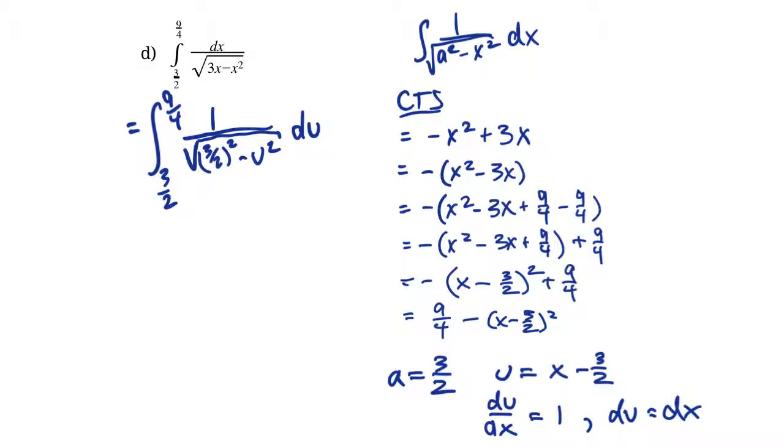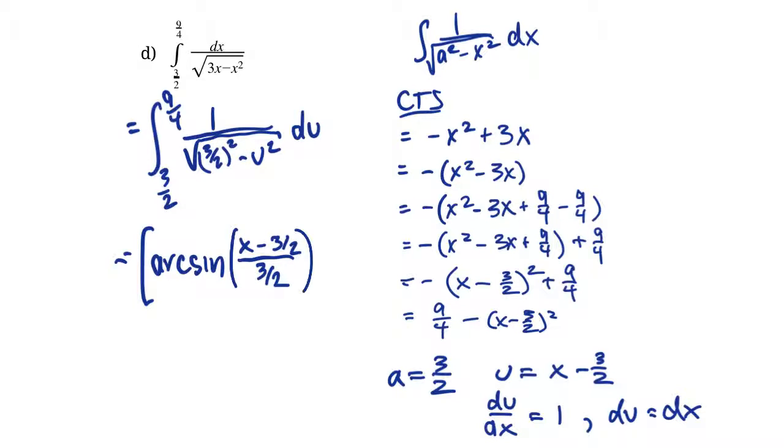Now we can follow our pattern for the arc sine. The pattern tells us it's going to be arc sine of x over a, or in this case, u over a, right? And u we know is just x minus 3 halves, over a, which is 3 halves.